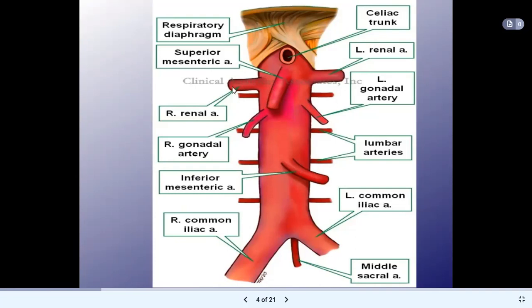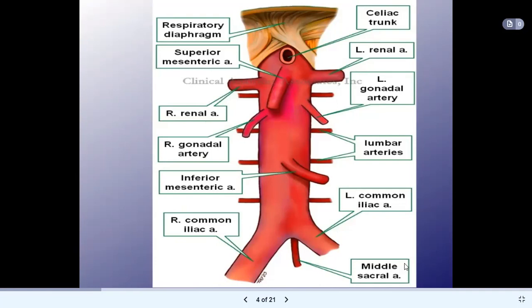Here you can see the right renal artery, and here you find the left renal artery. So these are the paired branches. And then here you have the right gonadal artery and the left gonadal artery going to the gonads. And you have your lumbar arteries, and then you have your right common iliac and your left common iliac and your middle sacral artery.